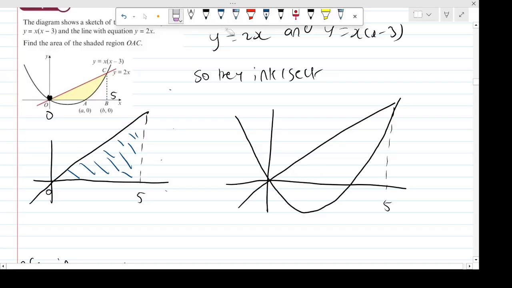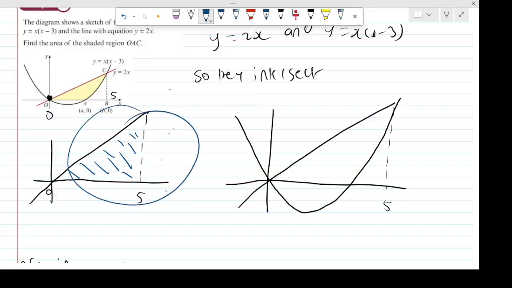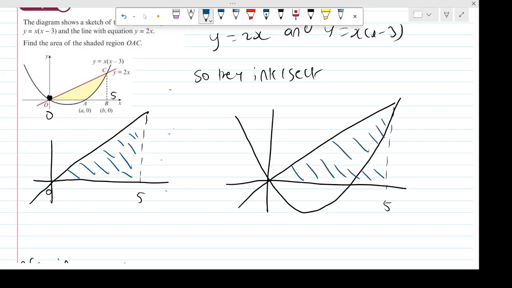So now what's happened is the area in blue, which I had before with just a straight line, the area under the line, would be this area. But then I have the curve that splits up the area, as you can see. So this blue area is getting split up above and below the curve.